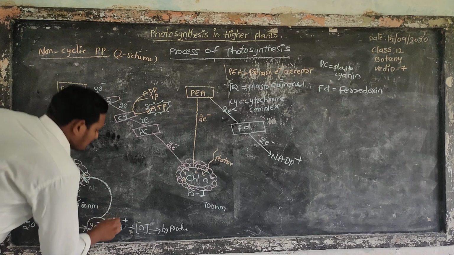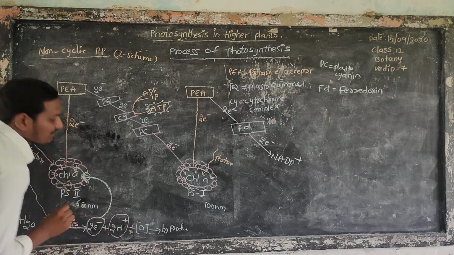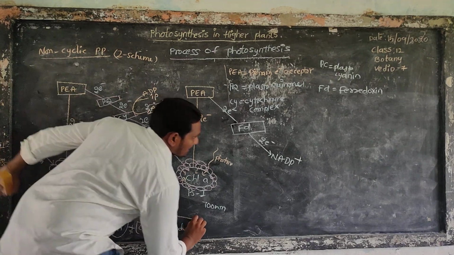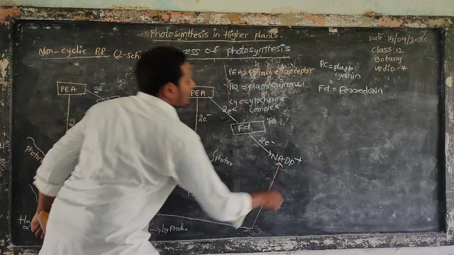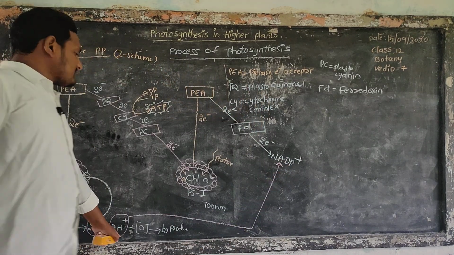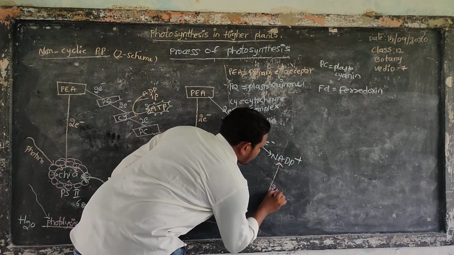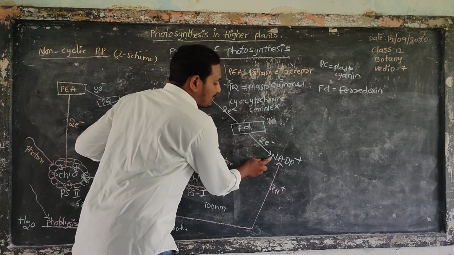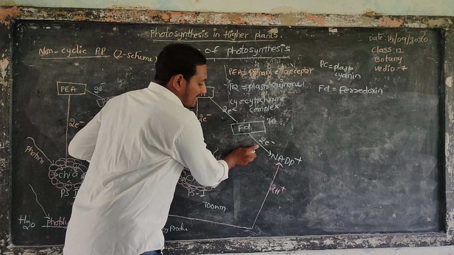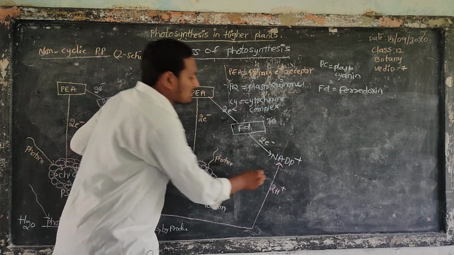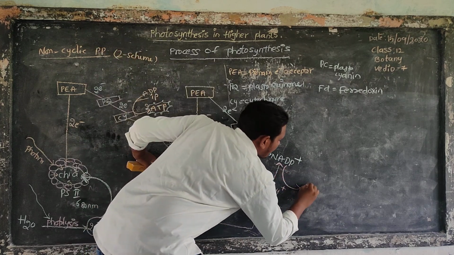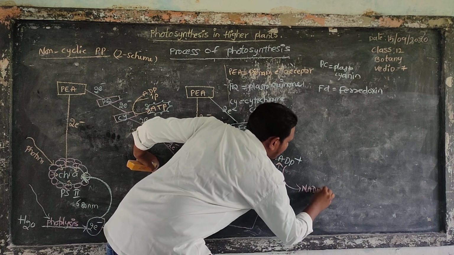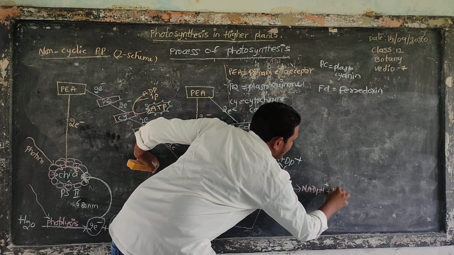Next, what about these protons? These protons are added with NADP. What will happen? Now this NADP plus receives 2 electrons and 2 protons and is finally converted into NADPH plus H plus.